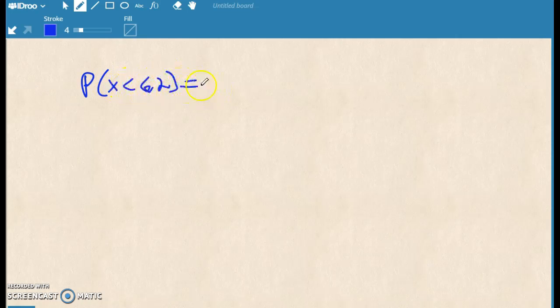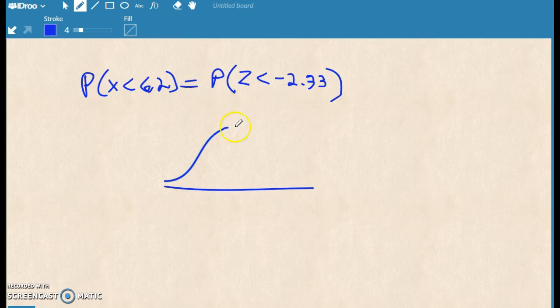And we just did the work to standardize that to a z less than negative 2.33. And again, a quick sketch. Normal curve, 0 for the standardized mean, and if I'm back here at a z of negative 2.33, being less than that, it looks like this. How do I find that?